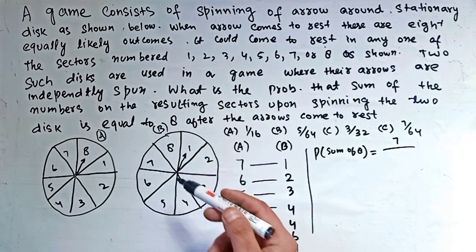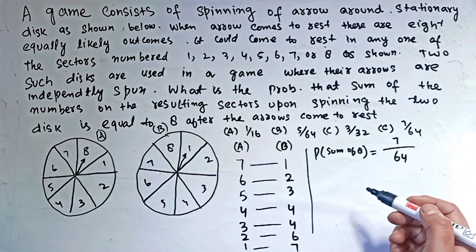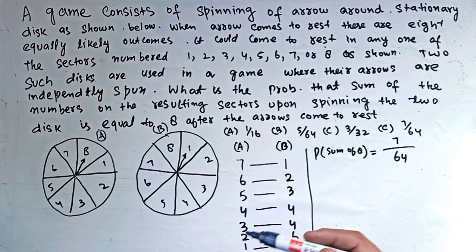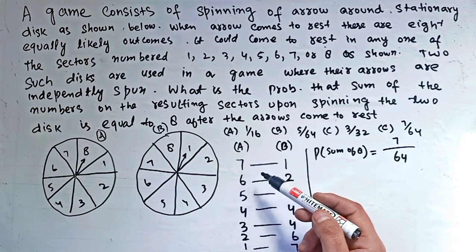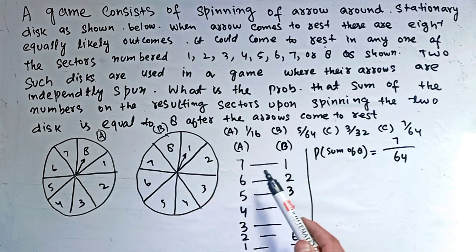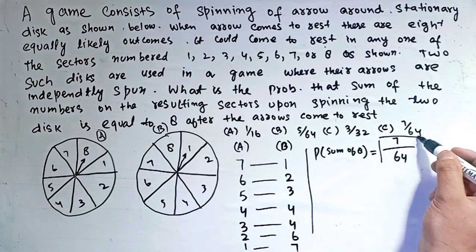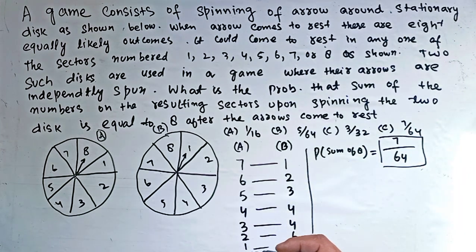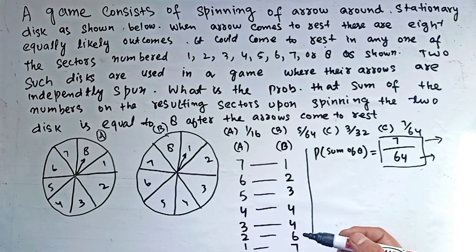Sample space will be 8 into 8, that means we have 64 combinations, out of which only 7 are in our favor, those 7 where the sum of the numbers is equal to 8. So the correct option should be 7 upon 64. Number of favorable cases upon total sample space.